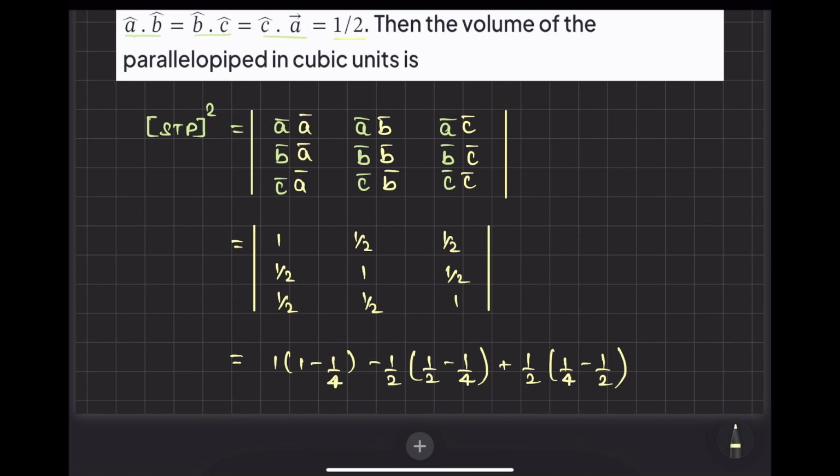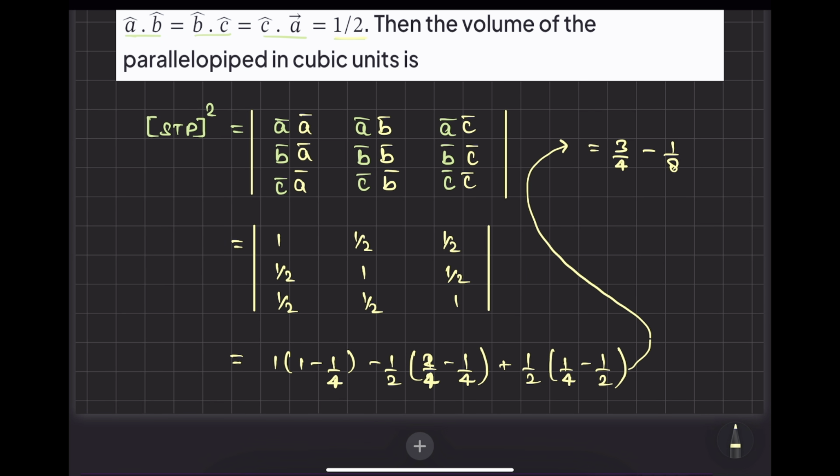Okay, now let's simplify. So it is 4 minus 1, 3 by 4, then minus, this is 2, this is 4, so 2 minus 1, 1 by 4. So it is minus of 1 by 8.